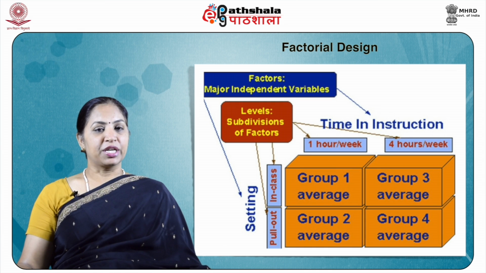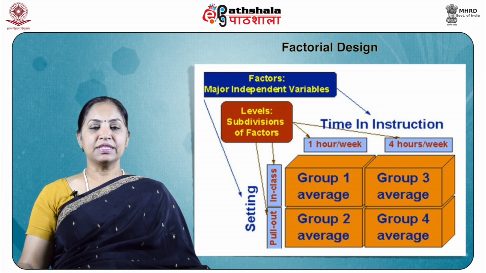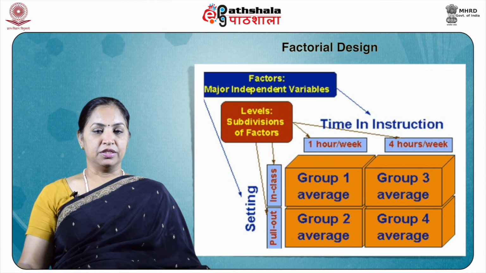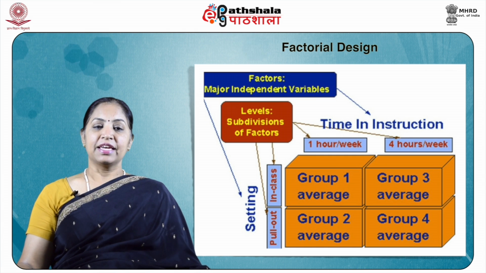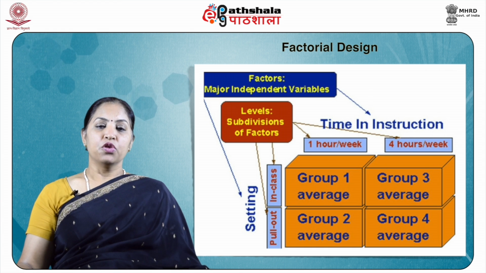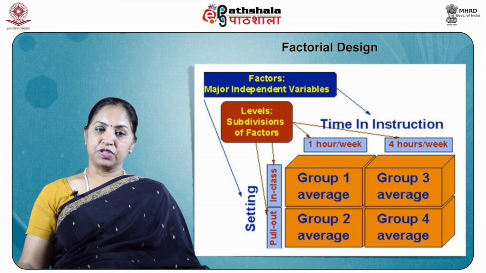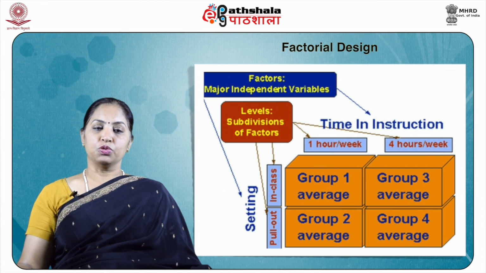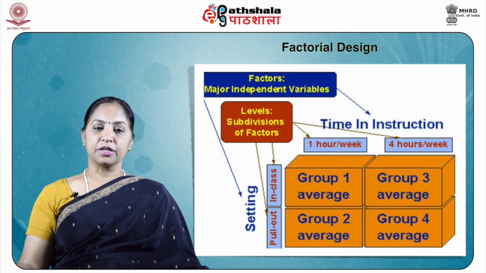Let us have a look at the figure. Now, what we can see is group 1 is given 1 hour per week of instruction in the classroom itself, whereas group 2 is given 1 hour per week of instruction, but that setting is outside the classroom or pull out, as we have written it here in the diagram.